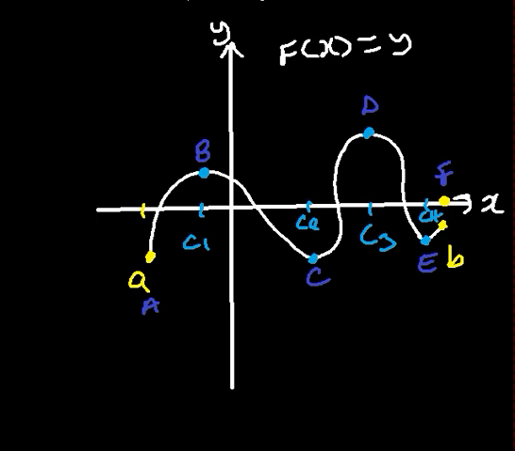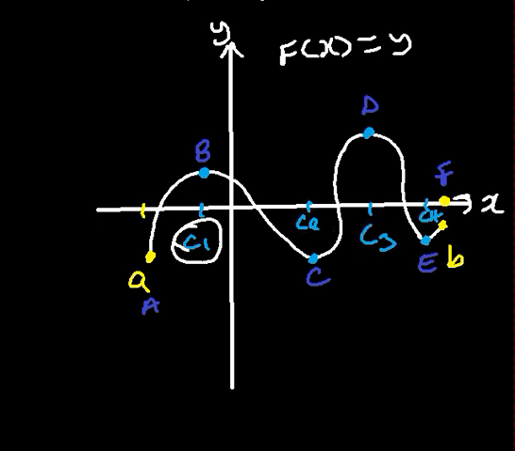And now the point of interest, what you have to understand, is that the x values corresponding to these points are known as the critical values. So the x value here, which is given as a, is also said to be a critical value, and this is a critical value, and this is also a critical value.